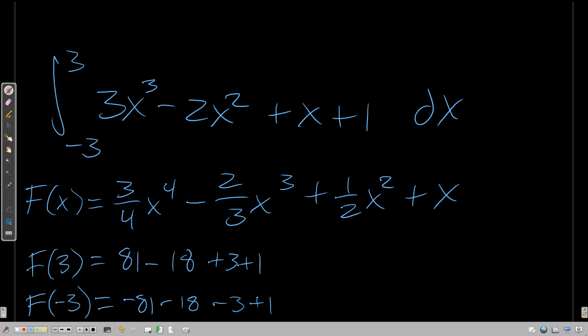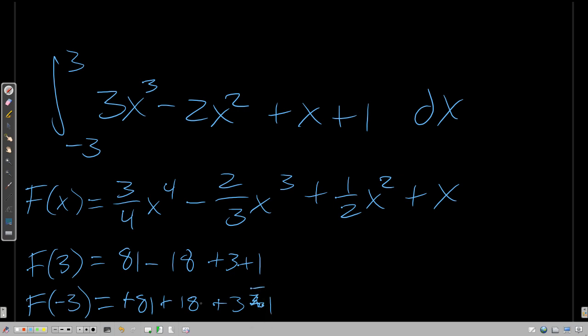Okay. And we're going to take this minus this. So I have a minus symbol out in front of all of this stuff, so all of my signs are going to change, right? These are all plus, and now this is a minus.